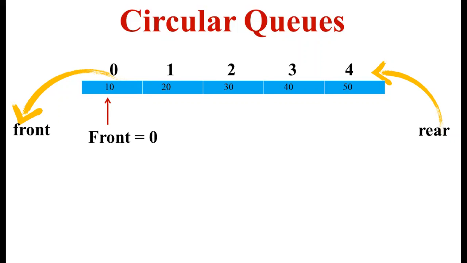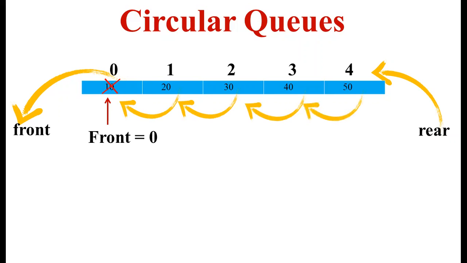Suppose we are asked to delete an element. Then we delete the element from the front, because deletion in queues takes place only at the front. After deletion, we need to shift all the elements: 10 is replaced with 20, 20 replaced with 30, 30 replaced with 40, and 40 is replaced with 50.